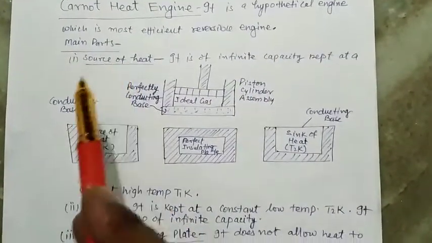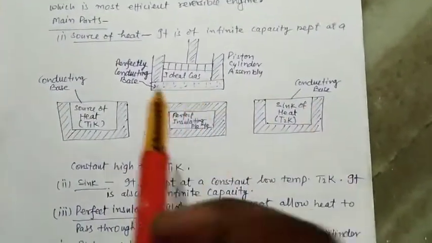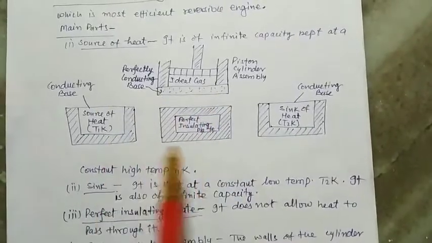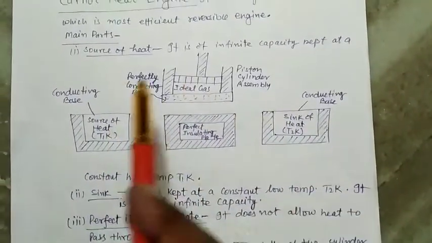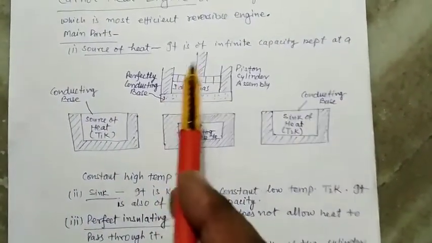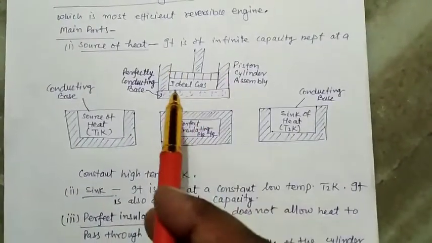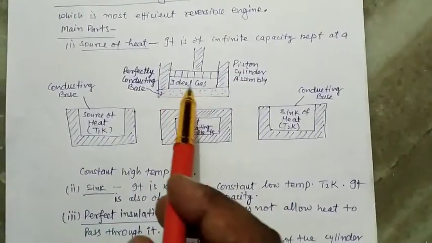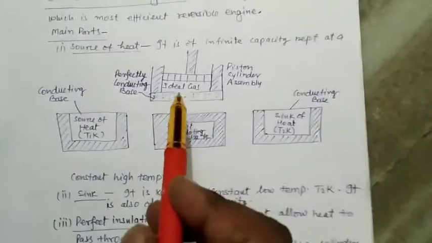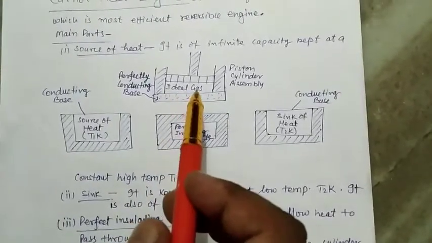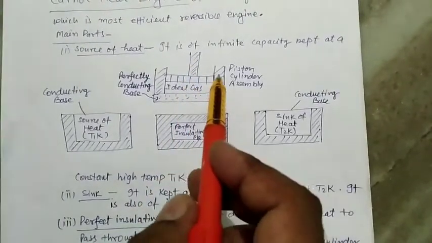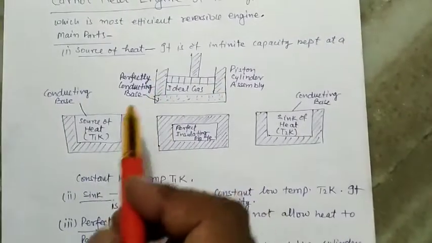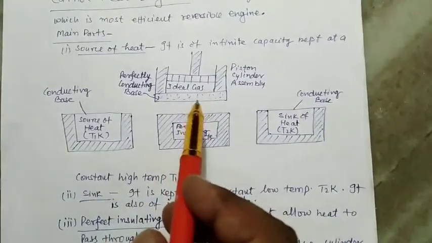The main parts. So come here on this figure. These are actually the four main parts of the Carnot engine. This is the piston cylinder assembly, with ideal gas or perfect gas inside it. This is the piston, this is the cylinder, and this is the conducting base.